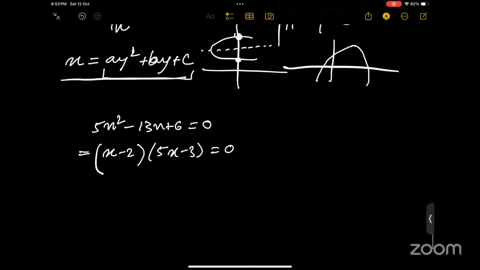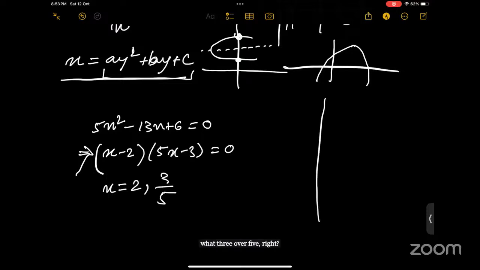Suppose we want to draw the graph. The two roots are 2 and 3 over 5.